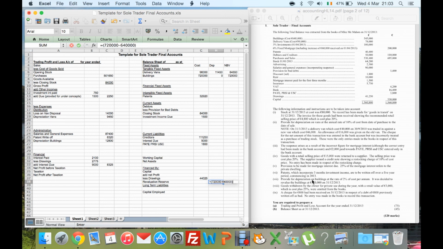That's how much the buildings have gone up by, and as well as that, we're going to add on to that the amount of depreciation that we've had to cancel. So we had 545 taken away from 640, so that's 95 grand in depreciation up to this year, and then plus the depreciation of this year of 12,800.